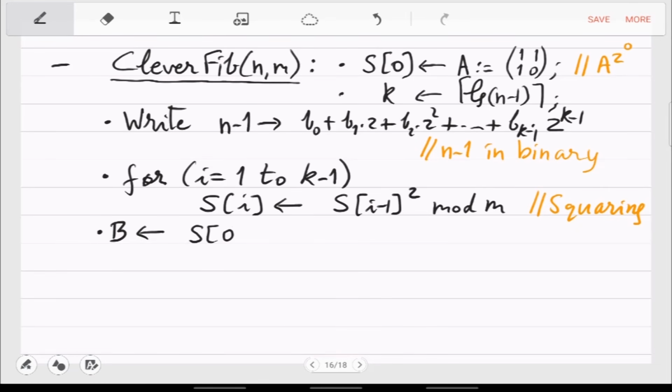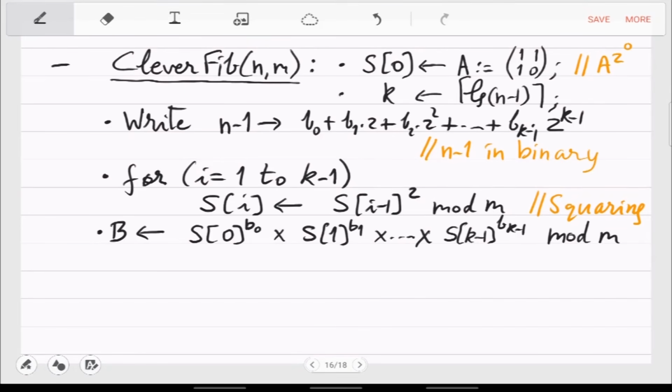So you need S0 to the B0 multiplied by S1 to the B1, up to Sk minus 1 to the b k minus 1, everything mod m. What is this? So what is b now?